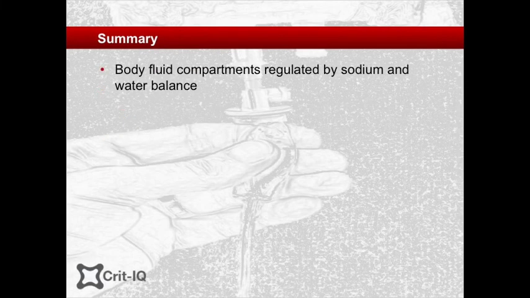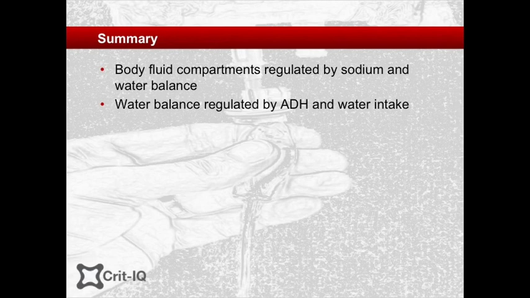The volumes and constitutions of these various body fluid compartments are largely regulated by two intertwined processes, sodium and water balance. Water balance is largely determined by the action of antidiuretic hormone, which increases permeability of the distal nephron to water, resulting in water absorption and maximal retention of water.